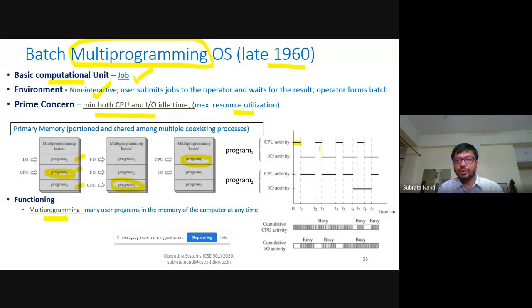Here the CPU is executing, say, program 2, and program 1 is doing IO. So it's like in an alternating fashion. They are using the IO, they are using the CPU, and if there were only one process, we could not have taken the benefit. If the process is busy in IO, the CPU simply remains idle.